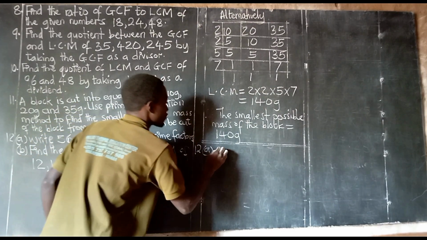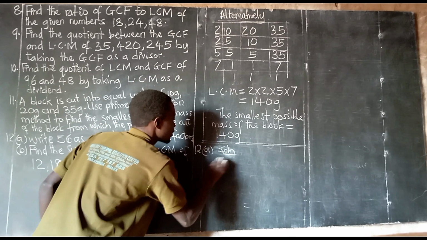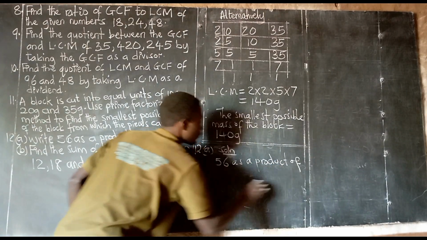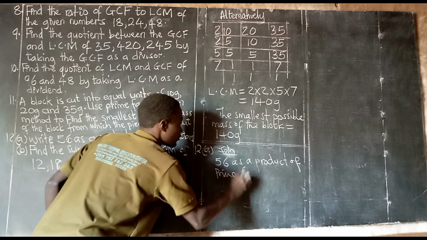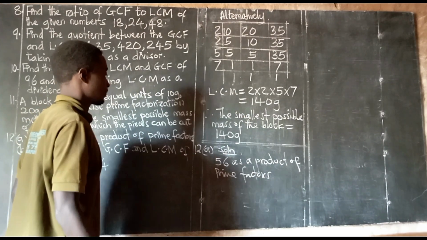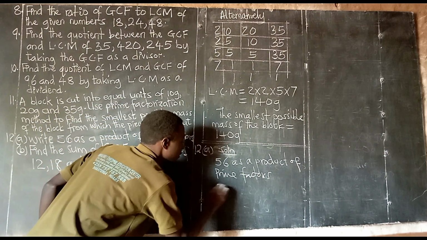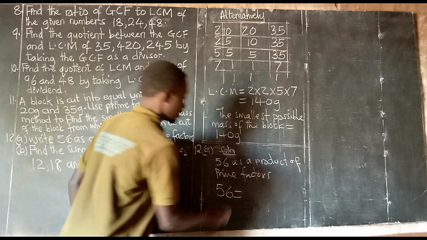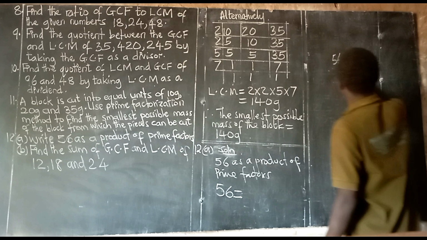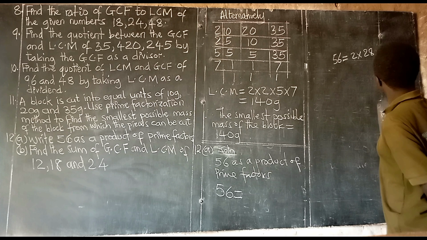To write 56 as a product of prime factors, simply, 56 will be equal to 2 times 28.